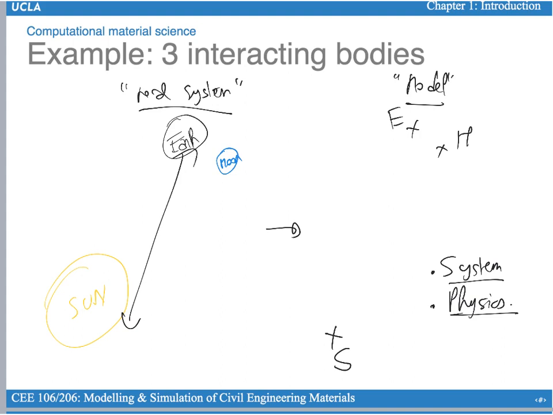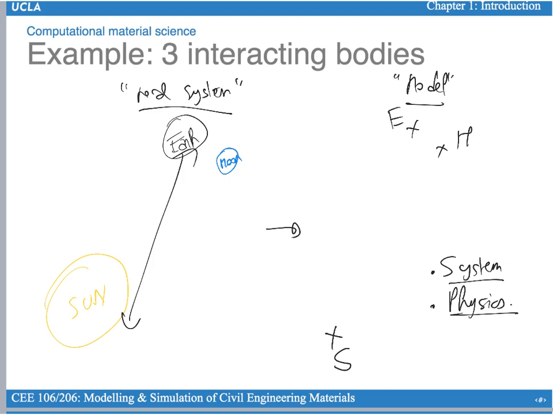So for example, when you need to describe the physics governing the interaction between those three bodies, you have different options. You could decide to treat this with general relativity or restricted relativity, but you will end up with a very complex problem where you will be able to treat relativistic effects.